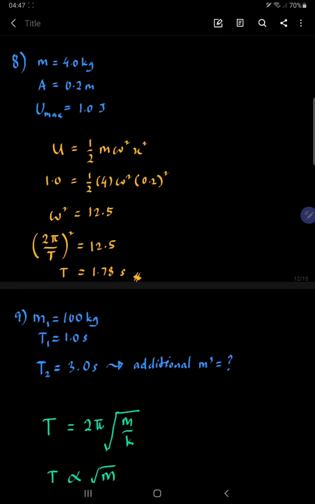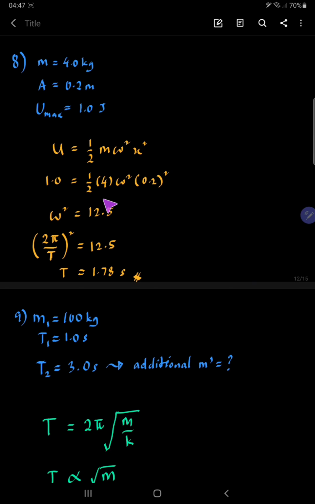They ask you to find the period of the oscillation. According to the equation of potential energy, U equals half k x squared. Remember, k equals m omega squared. The maximum potential energy given is 1.0, m given is 4, omega we need to find, leave it first, and x given is 0.2.